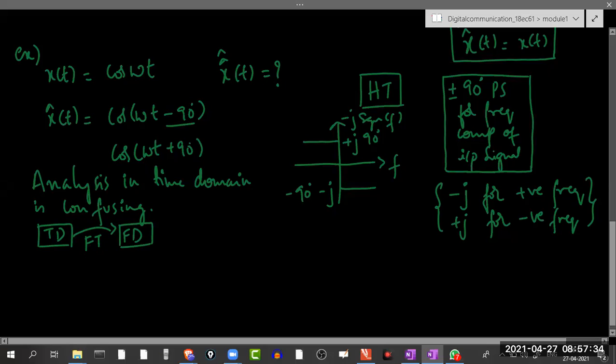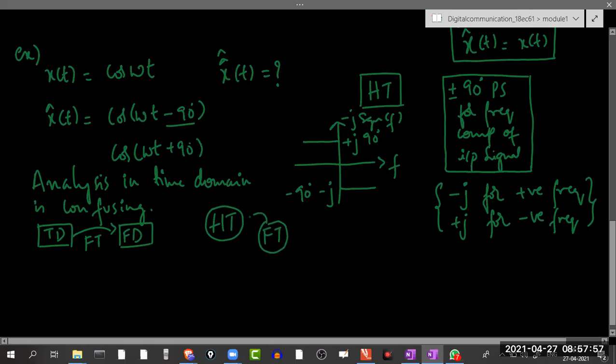You have already studied this Fourier transform, but let me tell you, it is very, very important. Even though it's not closely associated with Hilbert, and the Hilbert transform is an entirely independent topic, Fourier transform is essential for this.